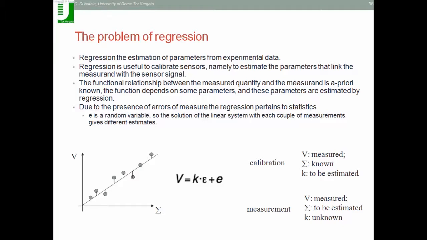And this is the balance between the theory and the reality, because what we have written here is what we think is the relationship between the signal and epsilon. And we say this has to be linear. So this means that everything I see outside the linearity is an error. Okay.